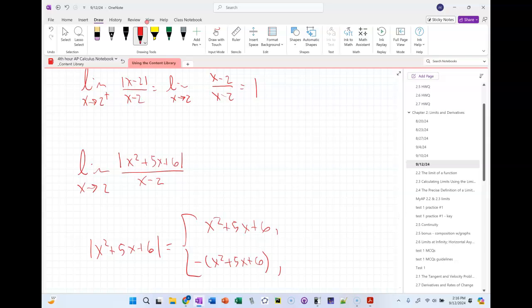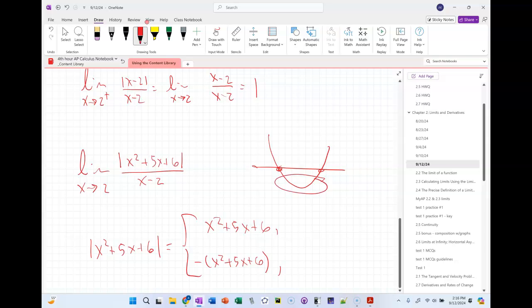Great, so we need to know where the zeros are, right? What are the zeros for x squared plus 5x plus 6? Negative 2 and negative 3. Can everybody see that right away? And does that polynomial open up or down? Up. So where is it negative?